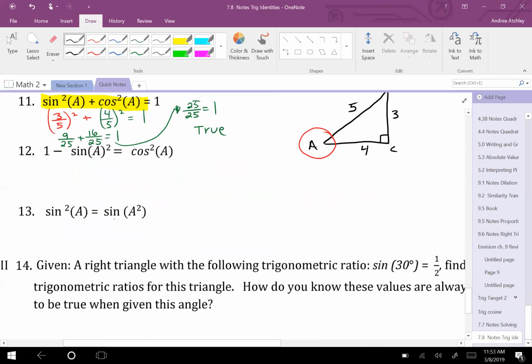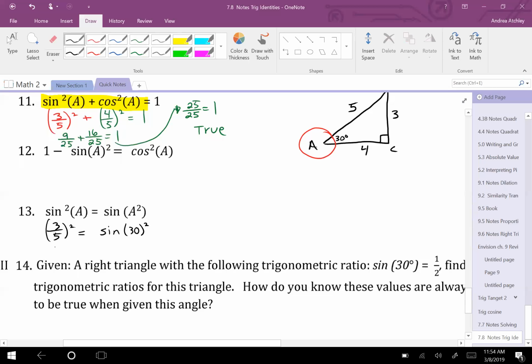Okay. In this one, is the sine squared a equal to the sine of a squared? Okay, so this is sine a squared, we already determined was 3 over 5, right? Squared. Okay, let's pretend that this angle was like a 30-degree angle. So is that the same as the sine of 30 squared?